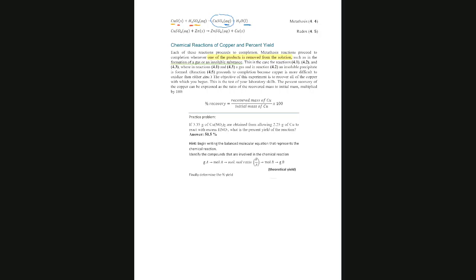So when we add zinc metal, what happens is that the zinc oxidizes to form zinc sulfate, and we recover back our copper that we want, and we want to see how well we did in the lab. After all many reactions, how much I lost, how well I did.